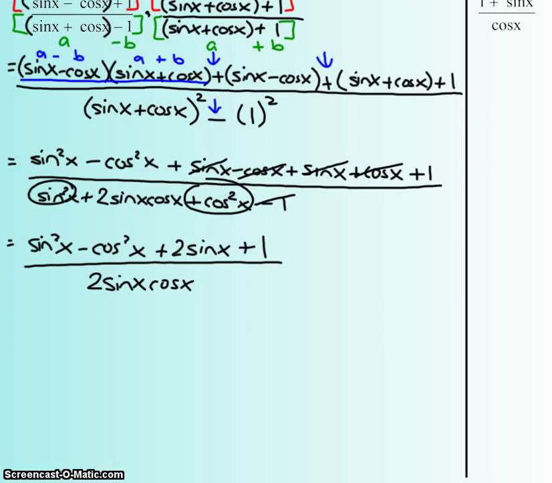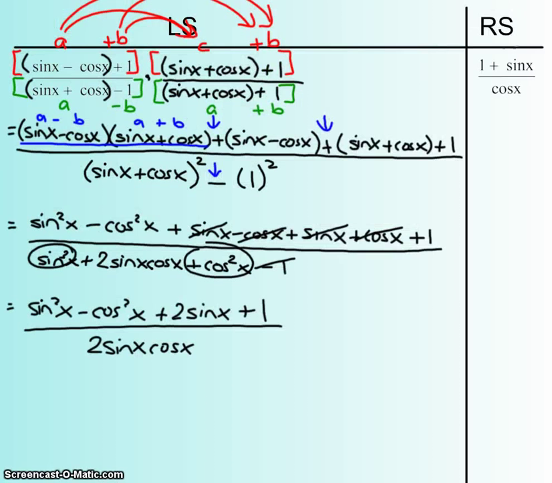Alright, what I'm going to do now is I think I'm going to change on the top everything to sines, because take a look on the other side, everything at the top was all sines.